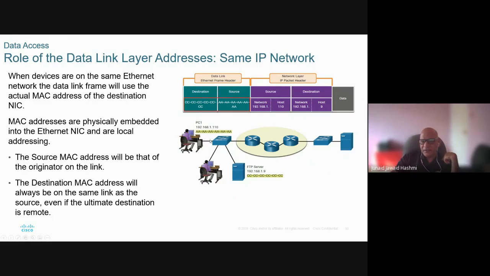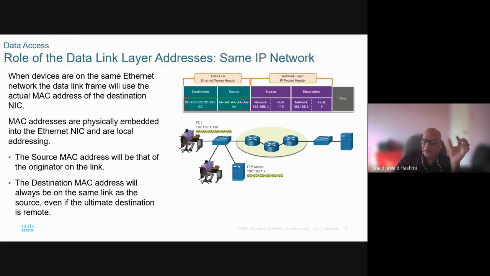When the device wants to communicate with any computer, what happens is your computer, your TCP/IP software, looks at the destination address and matches the network portion of the address to its own IP address.